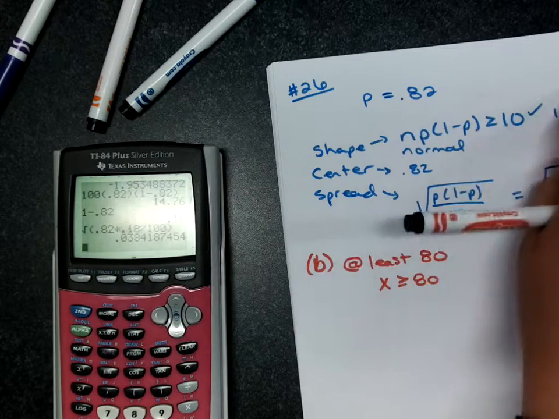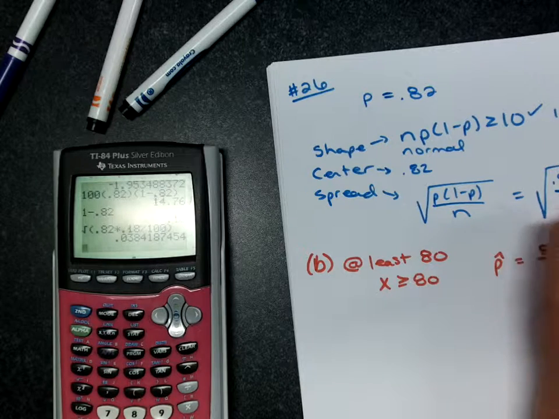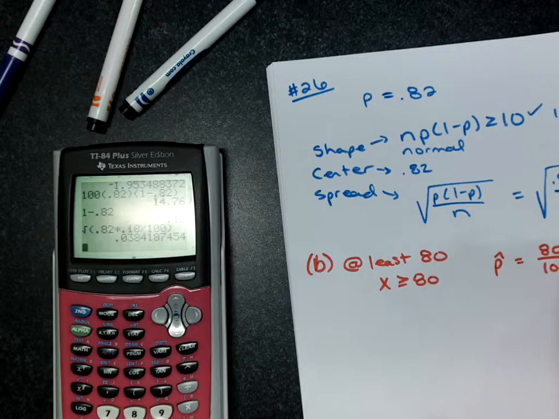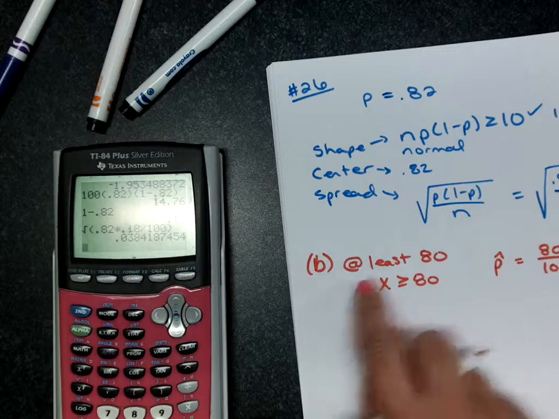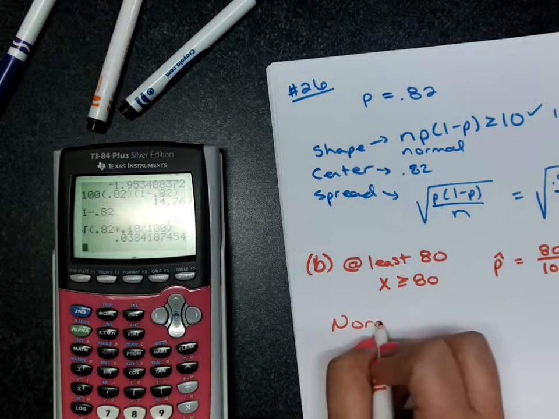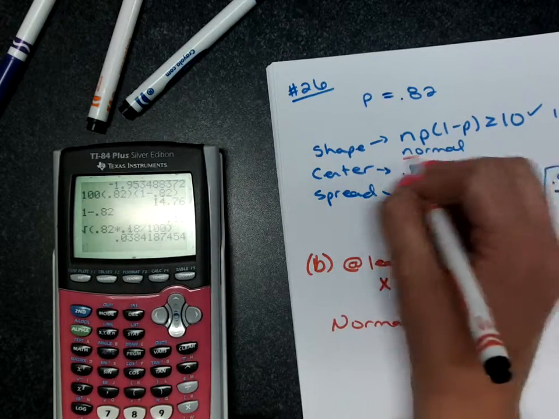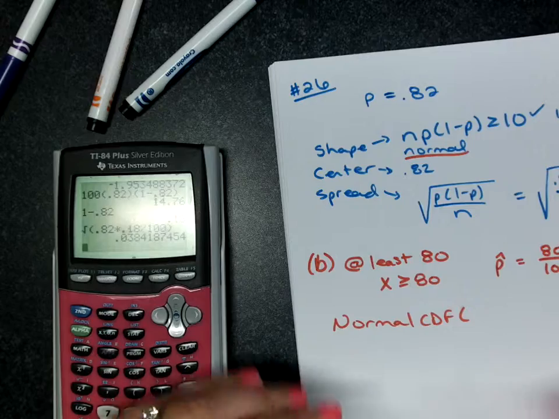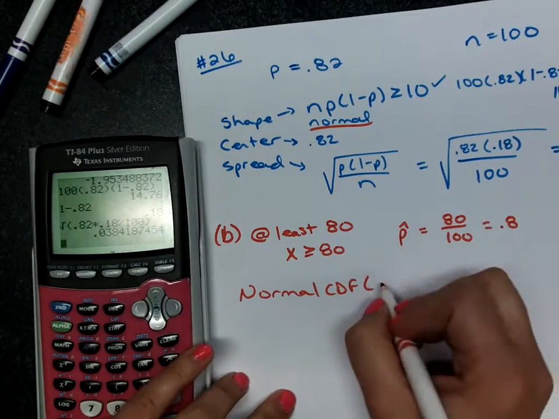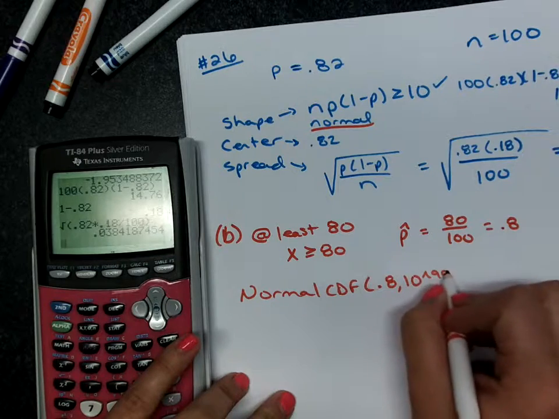Now we have to convert that into a p-hat value, which is 80 over 100, which is 0.8. We're going to use normal CDF, since we now know that the shape is approximately normal. Our lower bound is going to be 0.8. Our upper bound is going to be infinity.